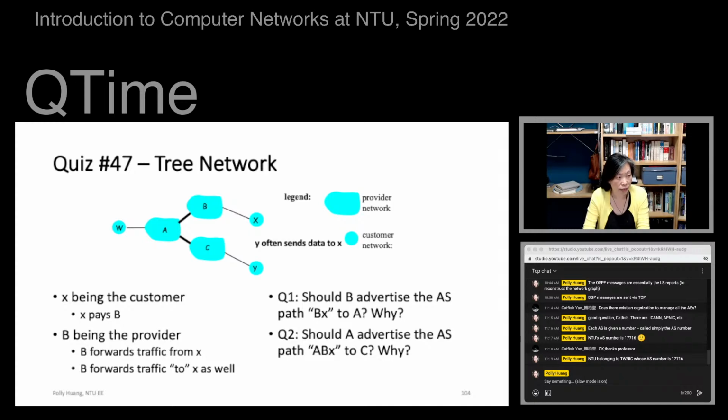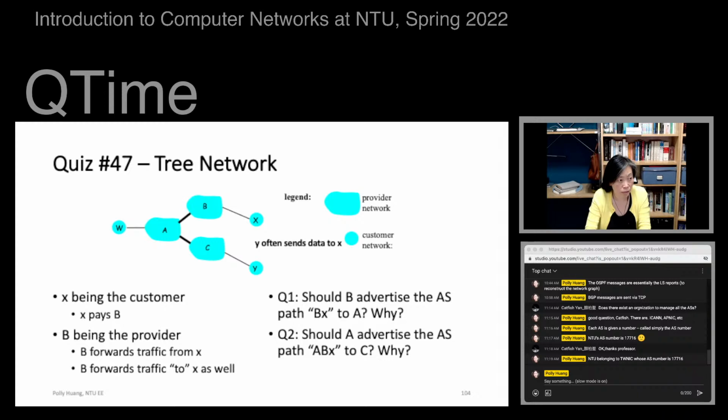This is a network very similar to the example in the video, but if you pay attention, in the previous video there was a link between B and C, but in this network it's simpler. It's a tree network. So let's go over the setup.